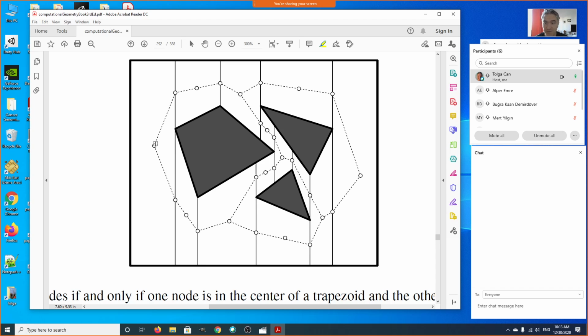I simply call them vertices and edges. A graph is nothing but a set of vertices and a set of edges. The dashed line segments are your edges, and these hollow disks are the nodes of your graph.